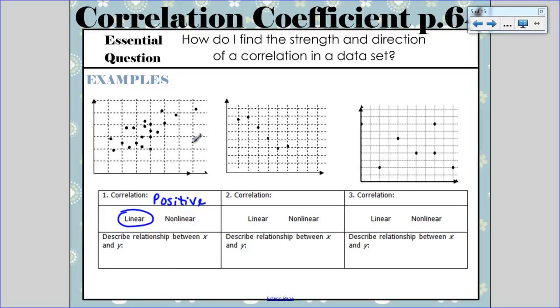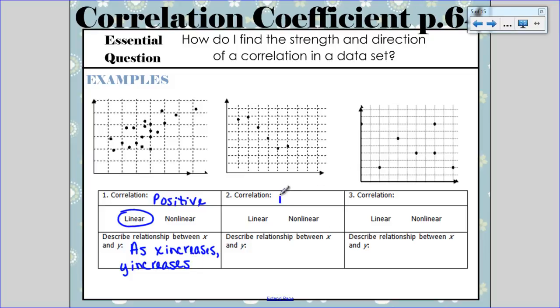If I'm going to describe my relationship between x and y here, I'm going to say that as the x values increase, the y values also increase, because that's what makes it a positive relationship. Both variables increase. So as x increases, y increases. Both variables are increasing at the same time. That's what gives it a positive relationship.